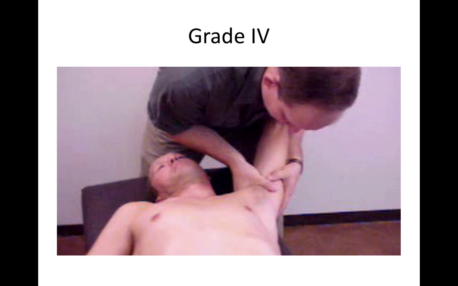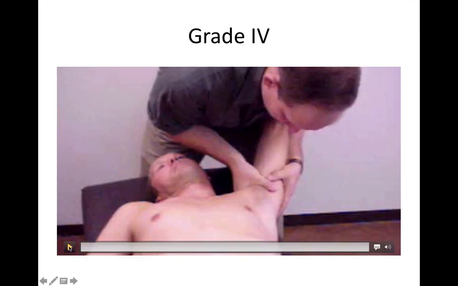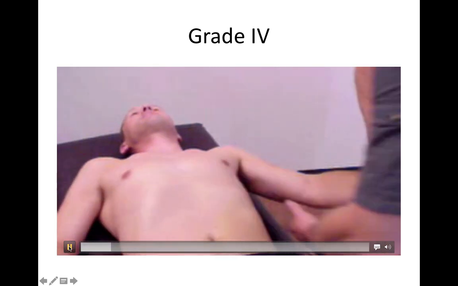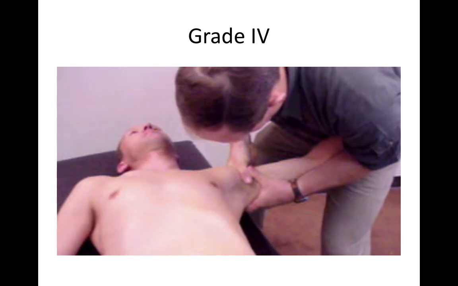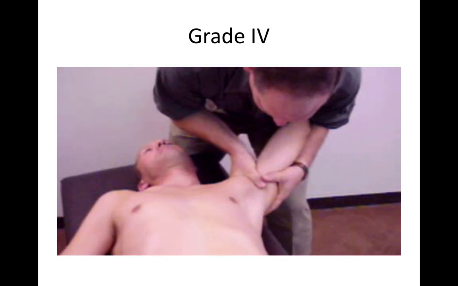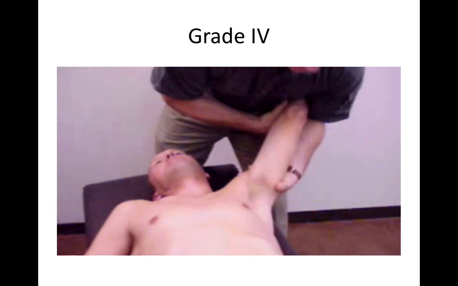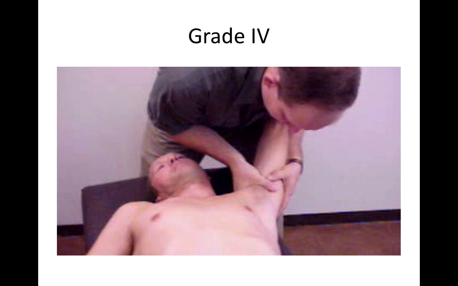This is an example of how within one treatment session, the provider may move between multiple positions and multiple grades in order to achieve an ideal treatment effect, which in this case might be an improvement in shoulder flexion. Again, here, an inferior glide, trying to slowly improve the amount of abduction or flexion that occurs.